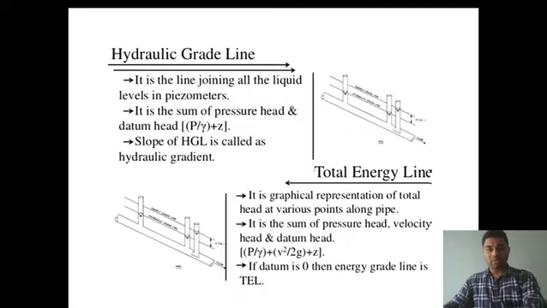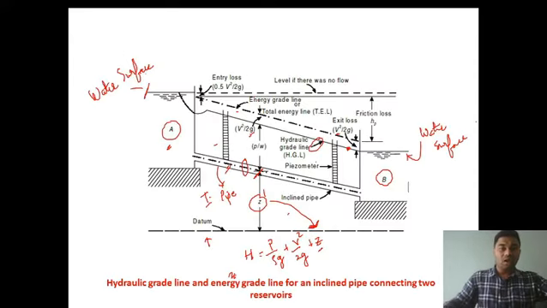In the earlier lecture, we saw the definition of hydraulic grade line: it is the line joining all the liquid levels in piezometers. Look at the figure. This is our pipe, and various piezometers are attached to it.